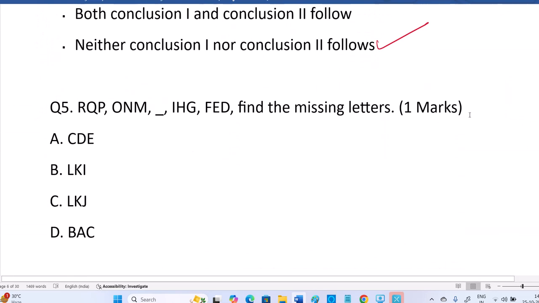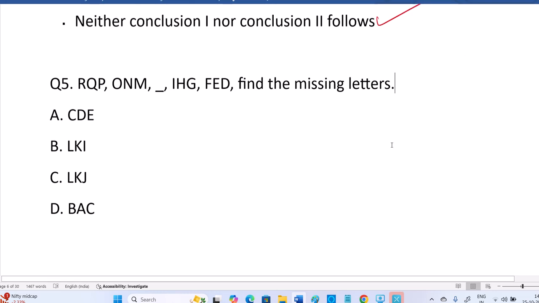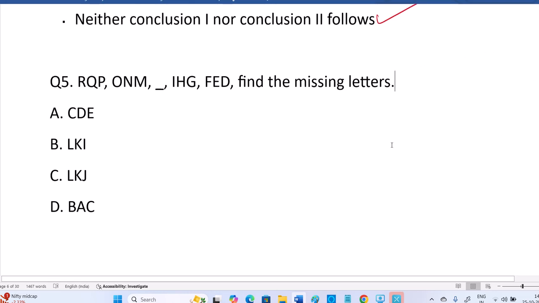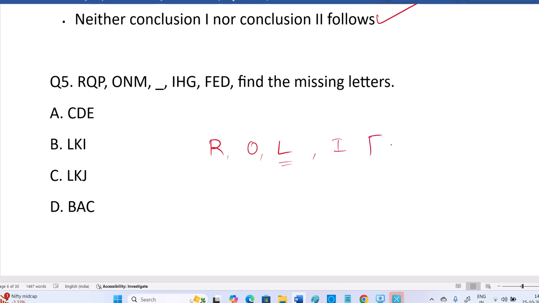Now this is a series with respect to letters also, we need to focus. Series with respect to numbers fine, but series with respect to letters also we need to focus. Option C. Okay, so if you see the first letters, RO, it is L. This is 3 multiples: 6, 9, 12, 15, 18. L required.